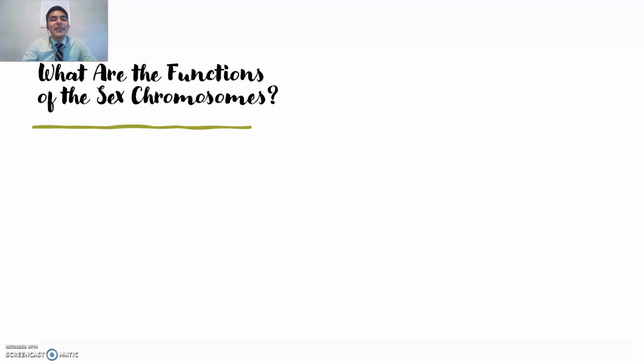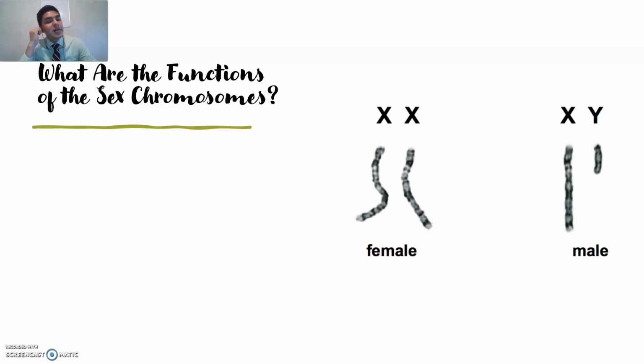All right, and what are the functions of the sex chromosomes? This is something very important to notice. Humans have one pair of chromosomes that determines if you are a female or a male.